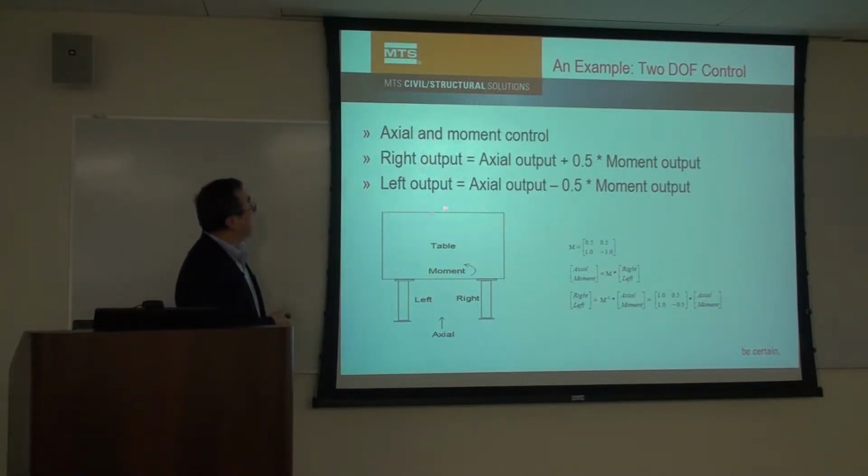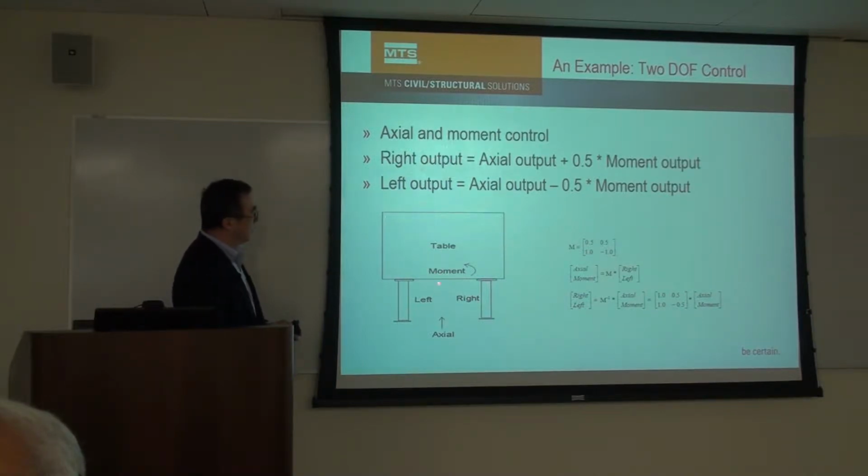Using the calculation channel, you can set up control of something different. For example, here I have this object with two actuators, one left and one right. Each actuator can control displacement or force separately. But sometimes I don't want that.